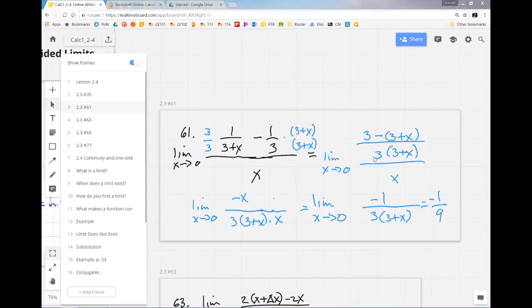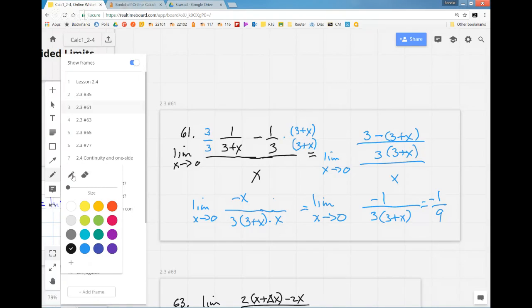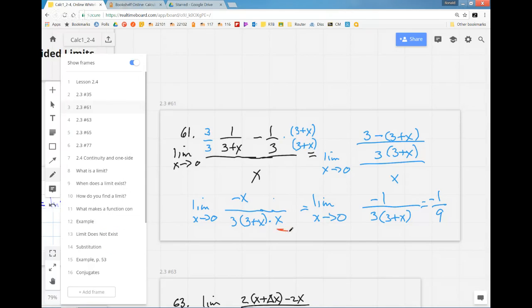On the bottom, of course, when you divide all of this by x, it's the same as dividing by x over 1, which is times 1 over x. And so this x winds up right there in the denominator.